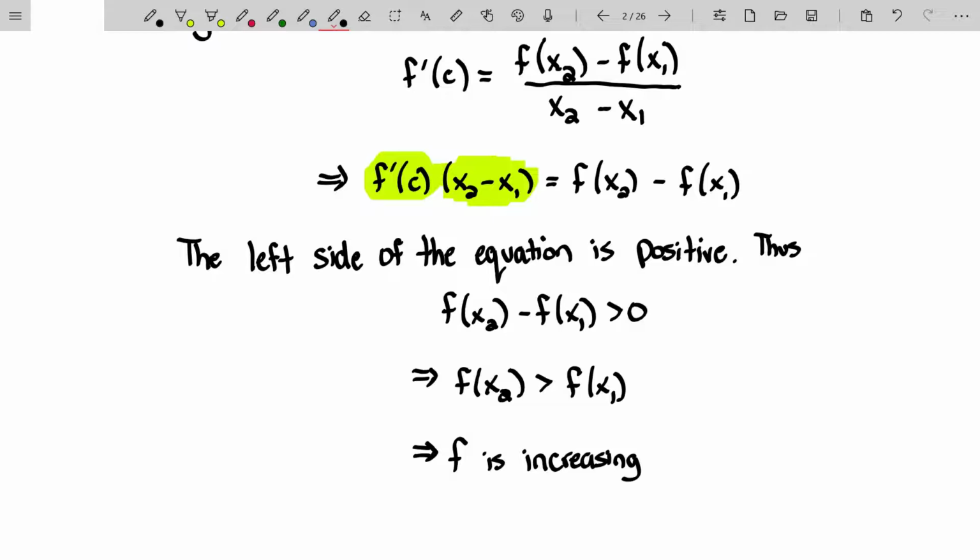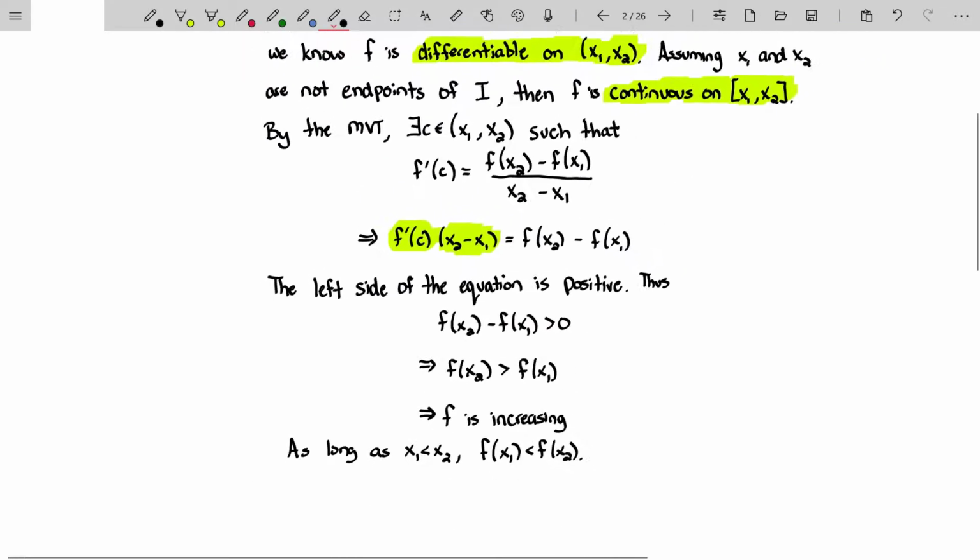They could represent any 2 points where x sub 1 is less than x sub 2. So as long as x sub 1 is less than x sub 2, then the y value at x sub 1 is less than the y value at x sub 2. That is, the function's increasing. So there we go. That's the proof of part A.